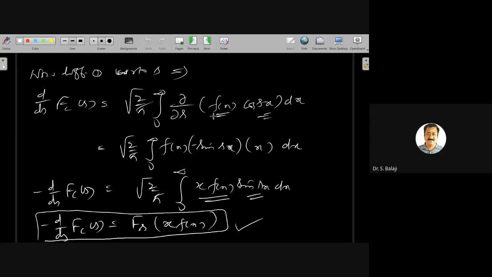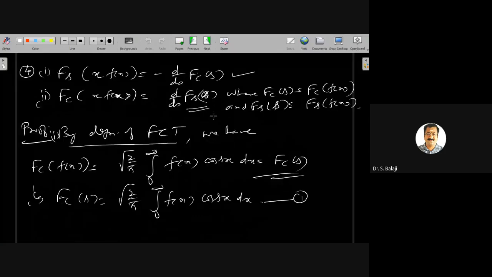The same manner, you take the Fourier sine transform and differentiate with respect to s. Complete. Same result: fc of x f of x.